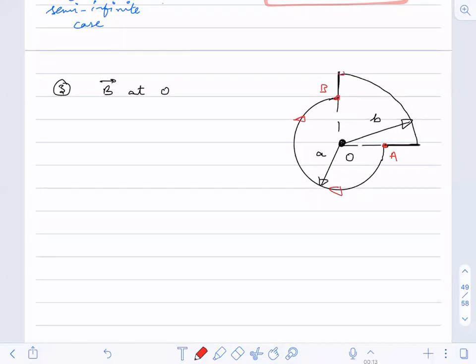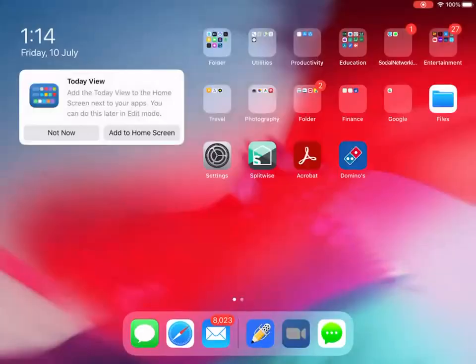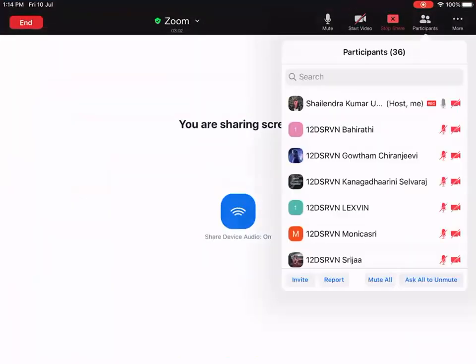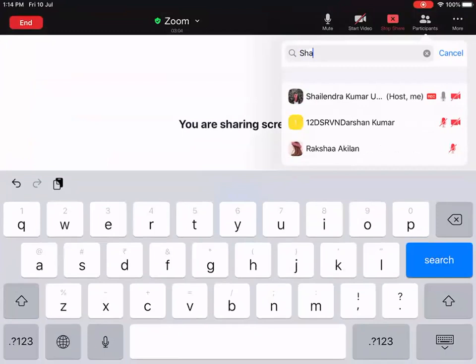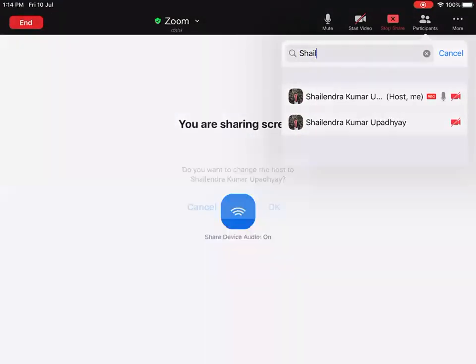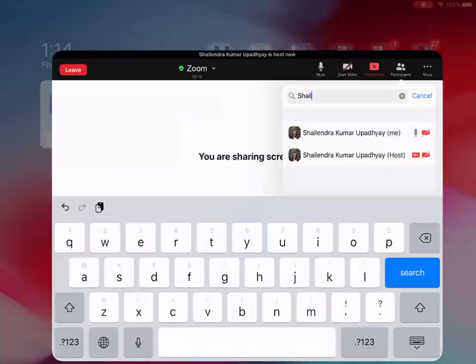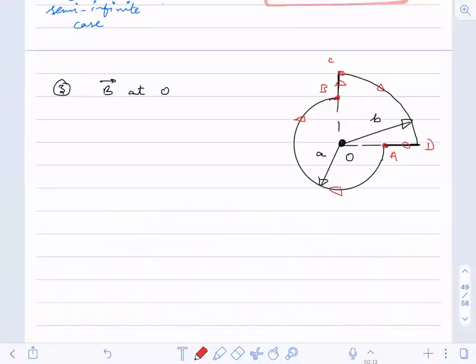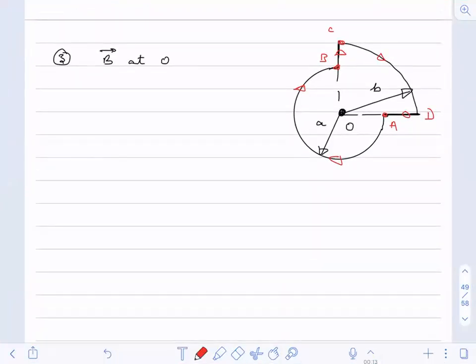Then from B to C, then the current moves from C to D, and then from D to A. So this is how the current is moving.